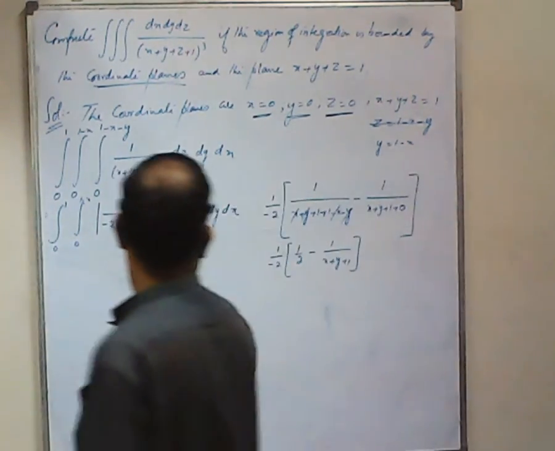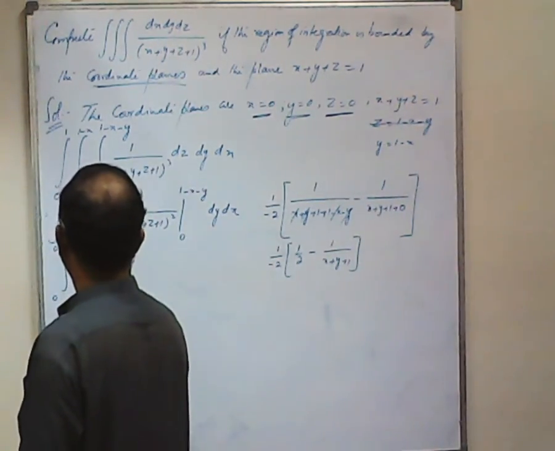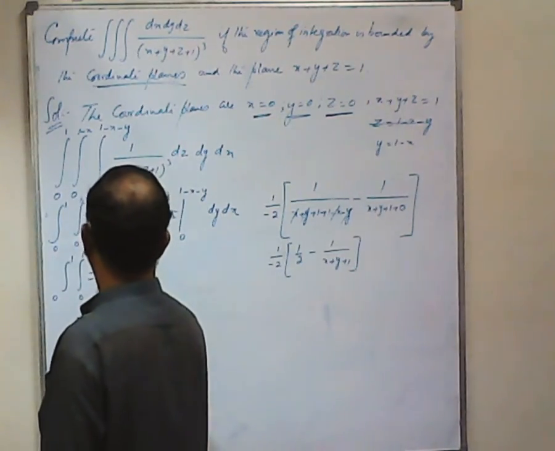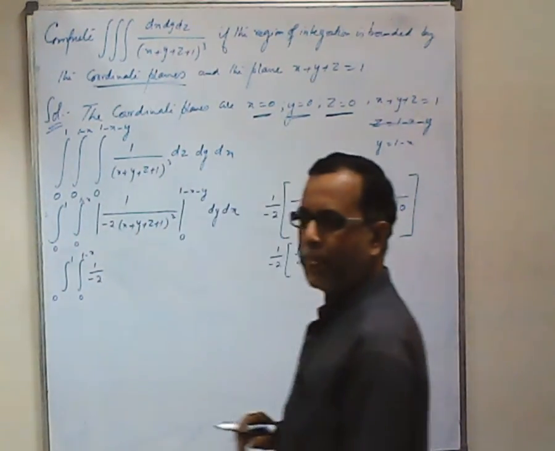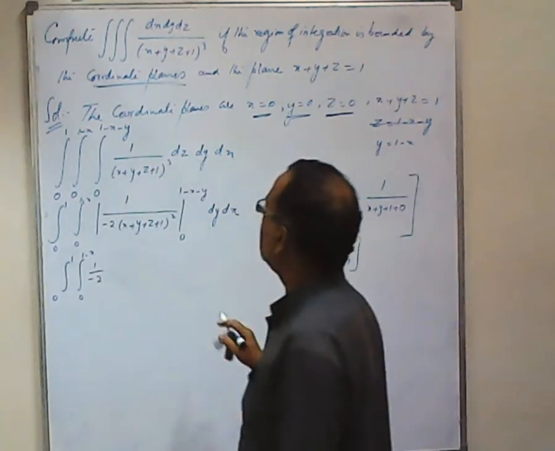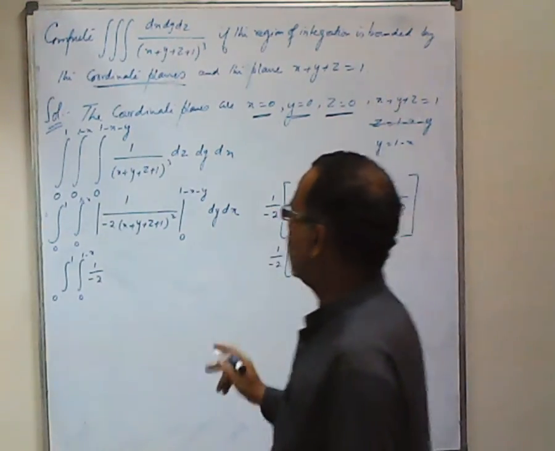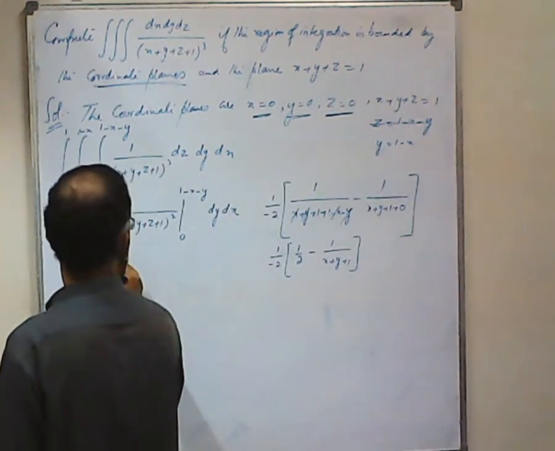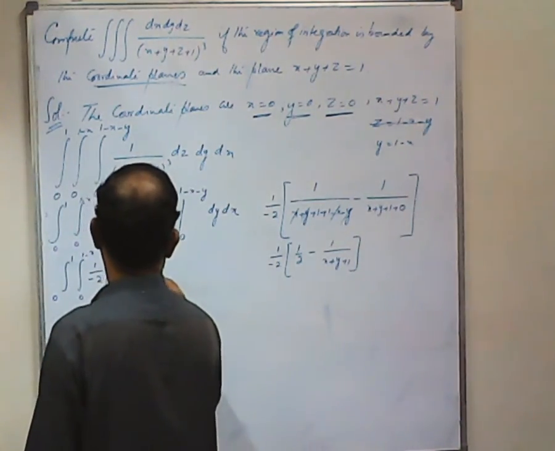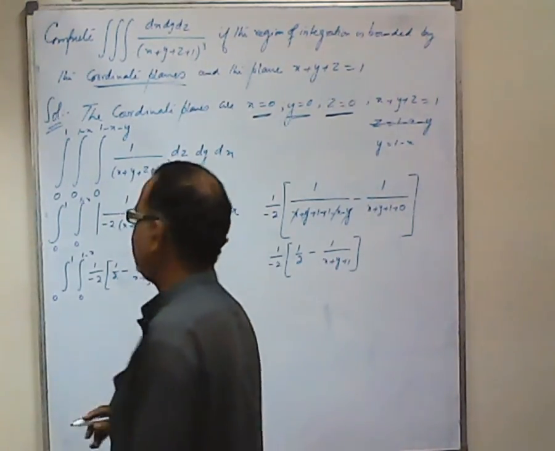So what is needed is to integrate 0 to 1, 0 to 1 minus x, and I have 1 upon minus 2 outside. No, plus 2, this should be, because minus 3 in the numerator plus 1, yes, minus 2. And then I have here 1 upon 2 minus 1 upon x plus y plus 1 dy dx.